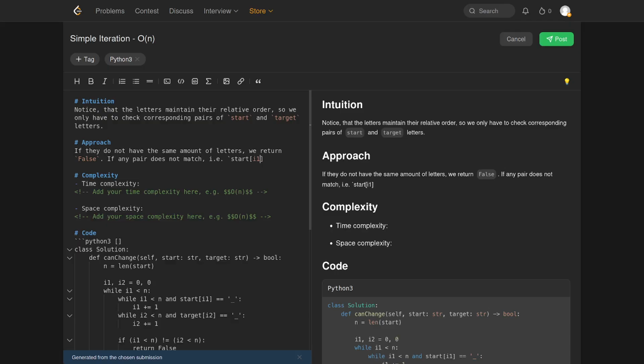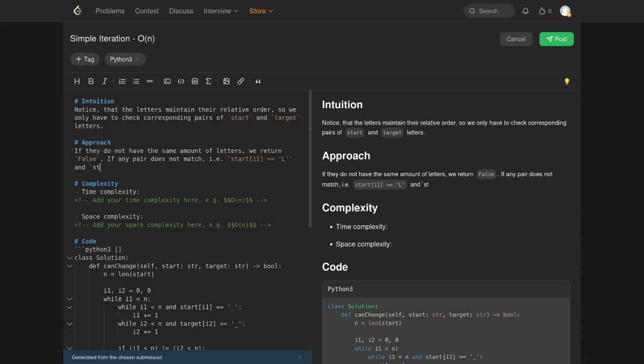i.e. start I1 is L and target I2 is R, and vice versa, we also return false.